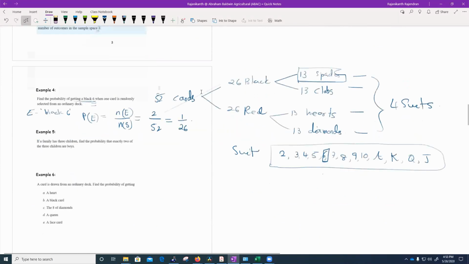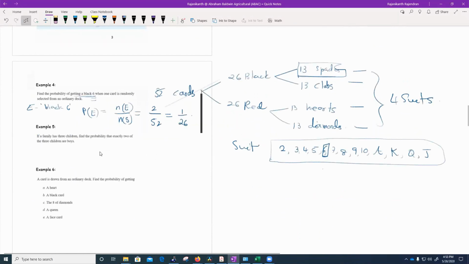Okay. The question is, find the probability that exactly 2 of the 3 children are boys. So we are looking for 2 boys among 3 children, right? Therefore, my event E is having 2 boys in that 3 children family.